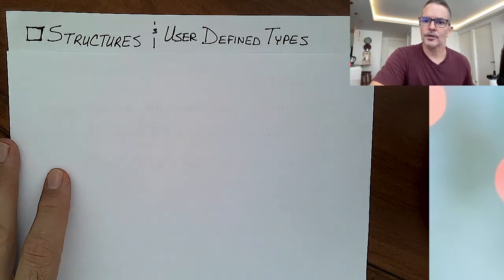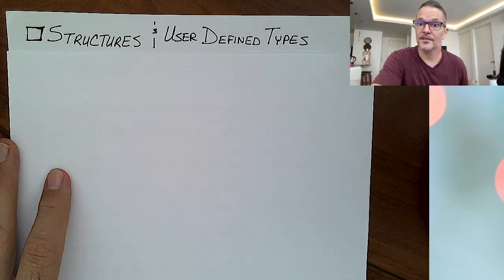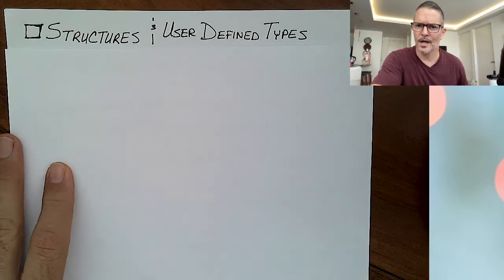Well, with a structure, we can begin to define a group of variables that are not of the same type. So we can put together several variables that are not of the same type and refer to them with one common name. So why would we want to do that?